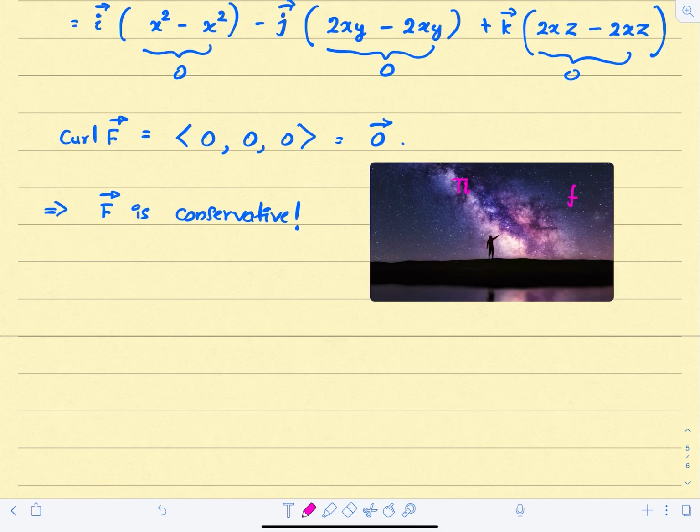So there exists a scalar potential function little f such that the given vector field F equals its gradient. Right. So next what we do is we will find this scalar potential function f, because if F is a conservative vector field, we should be able to find a scalar function little f so that its gradient equals the given vector field.